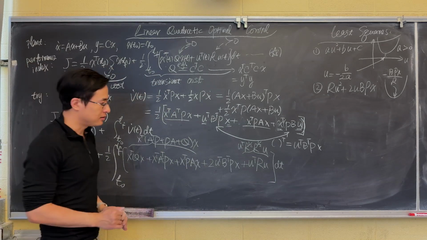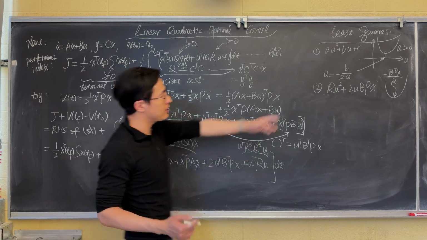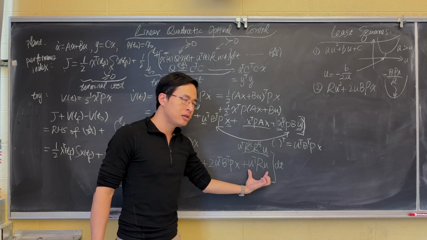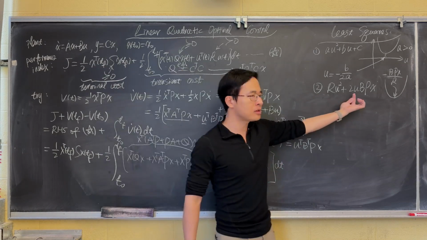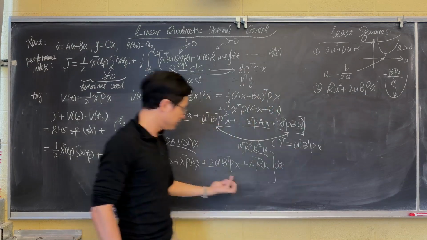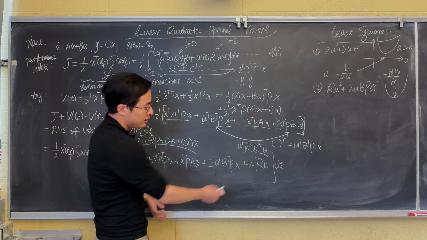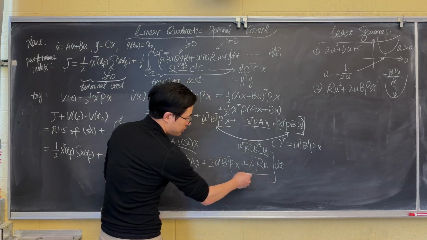So what's next? The next thing is exactly this. I have a square term about U. I have a cross product term between U and X. So I'm going to complete the square, using these two.